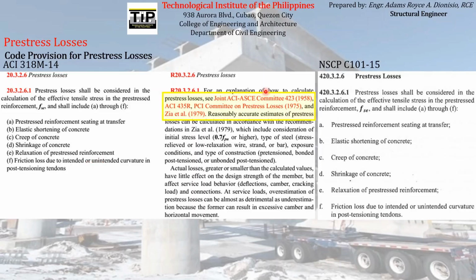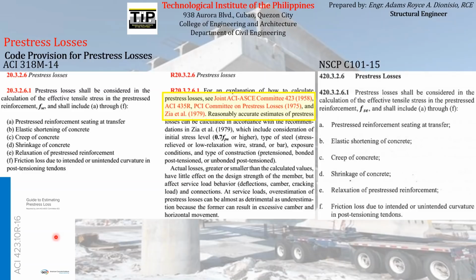So you can see here that the code, specifically in the commentary part, recommends referring to, say, the Joint ACI-ASCE Committee 423, which is the guide to estimating pre-stress loss, a method or a guide formulated by ACI-ASCE Committee 423.